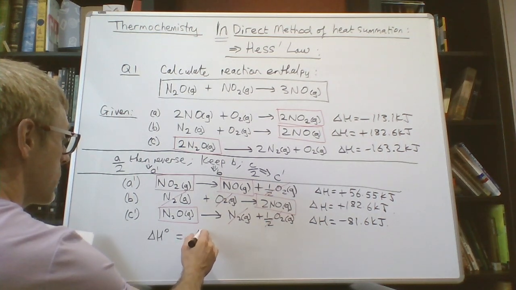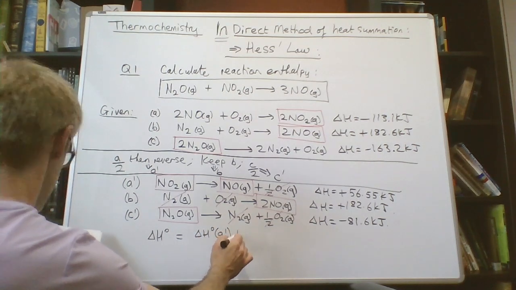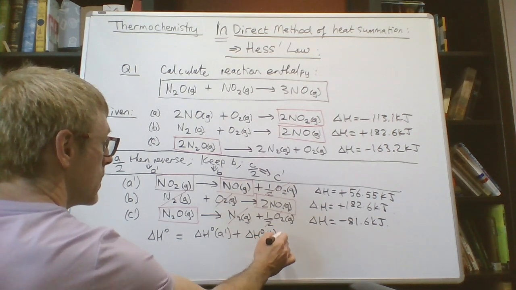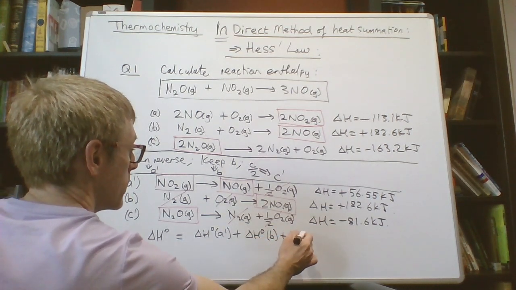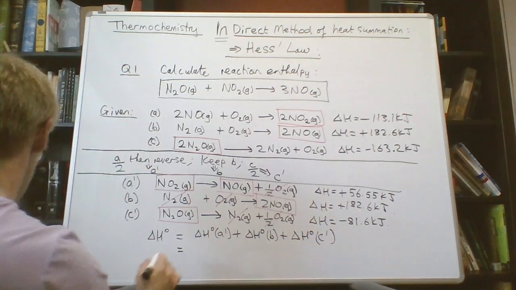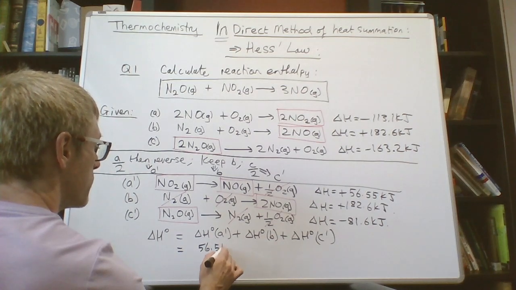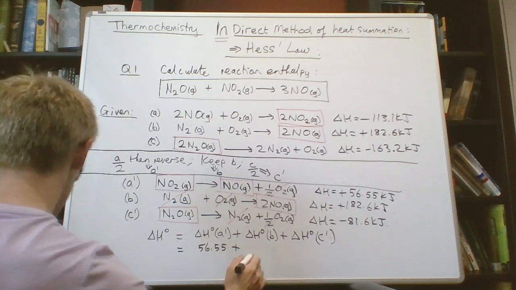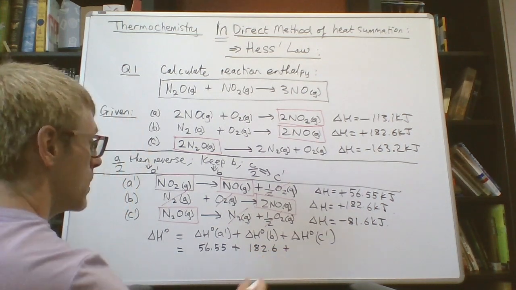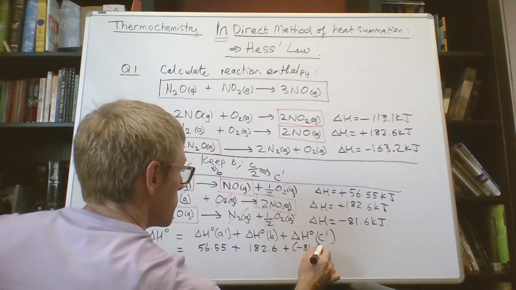So it's going to be the enthalpy of A prime and the enthalpy of B and the enthalpy of our C prime, which is 56.55 plus 182.6 plus negative 81.6.